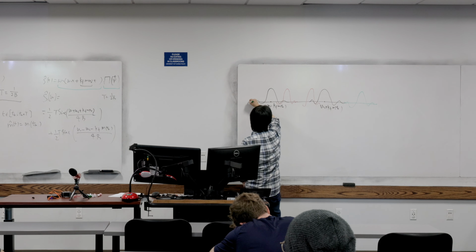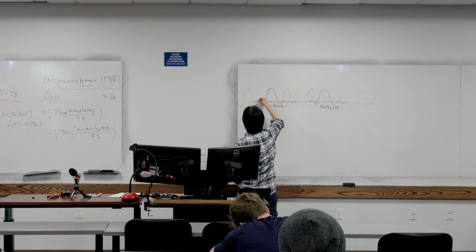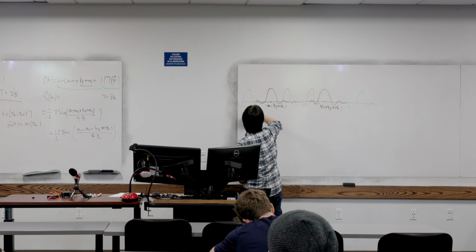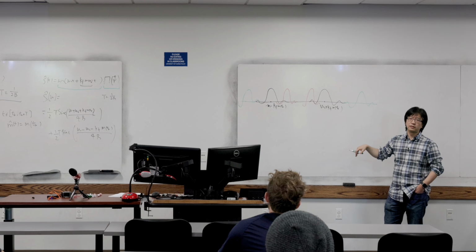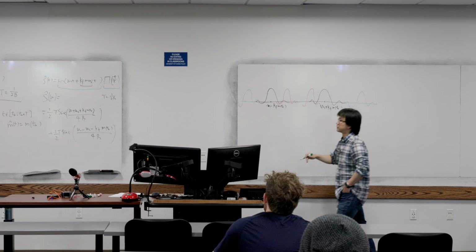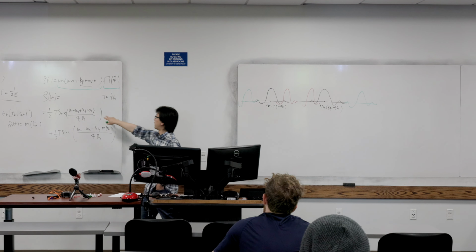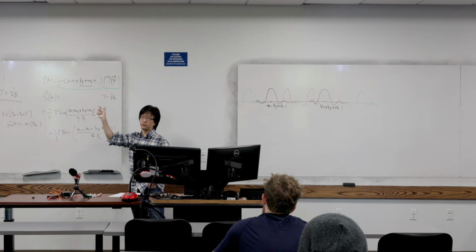It's not symmetric in my drawing, but it should be symmetric. Basically, we're going to have lots of these for different k, because for different k we have a different value of m t k. m t k determines where the shift is. That makes sense?